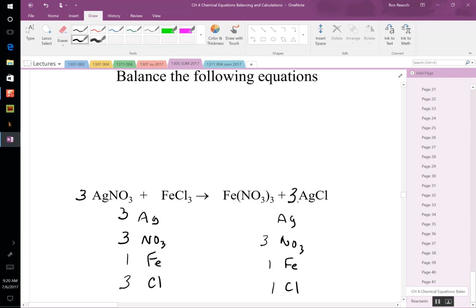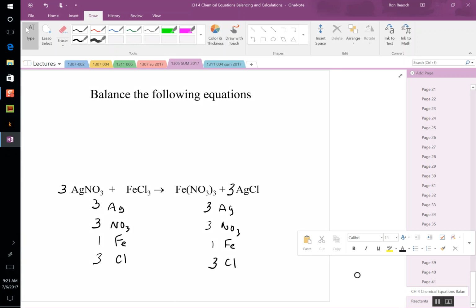So I need to put a 3 over here to get my 3 silvers. And notice by doing that 3 to get my 3 silvers, it also gives me 3 chlorides. And it's balanced. Okay? We could have broken it down to the nitrogens and the oxygens, but it would have just been two elements we had to deal with, and then just use the nitrate as a package deal.